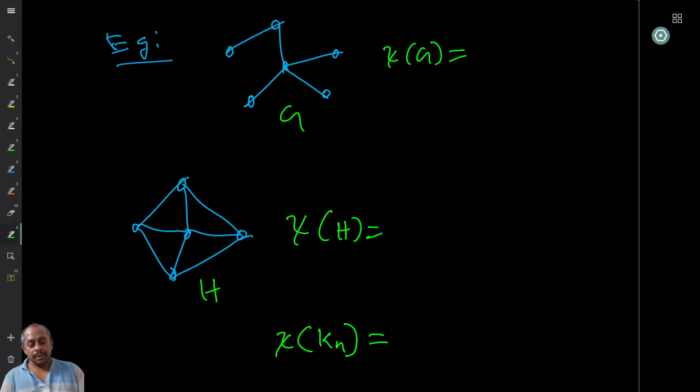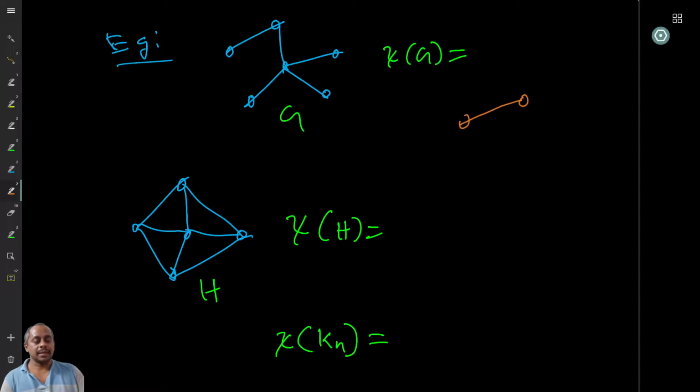Now here is a graph. What is the chromatic number? Let's see what is the smallest. So can you find out what is the minimum number of colors required for this? One thing that you can immediately say is that if the graph has at least one edge, you need at least 2 colors, right? If there is an edge, the endpoints must get different colors, right?